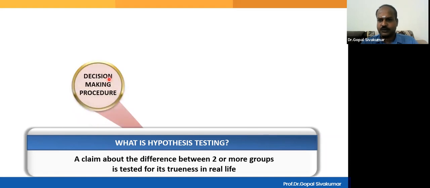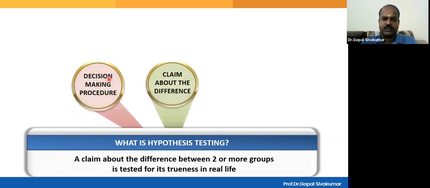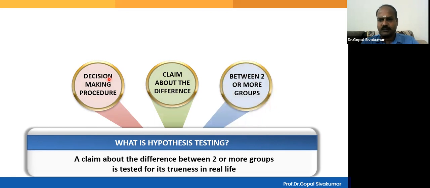So this is the definition we understood. Hypothesis testing is a decision-making procedure in which a claim about the difference between two or more groups is tested. It could be group 1 and group 2, or it could be a sample and a population, or it could be any number of groups, right? It could be machine 1 and machine 2.